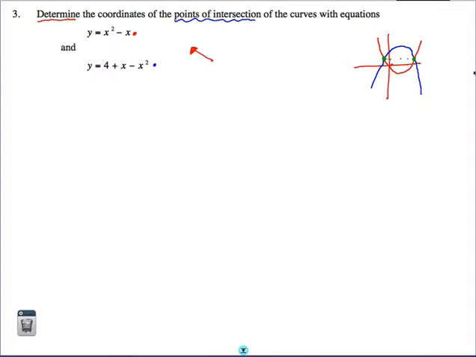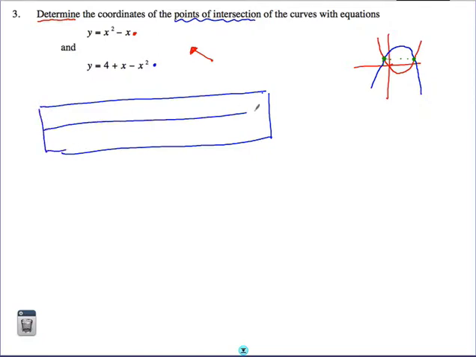I haven't spoken about how you would answer this question. One way you could do this is by drawing yourself 2 tables. This one would be x, y for the blue equation, and this one would be for the red equation.